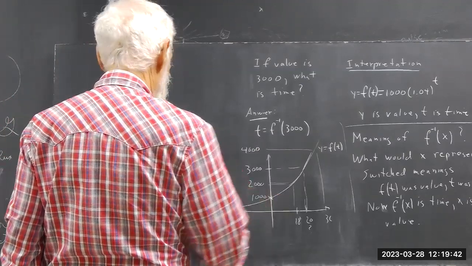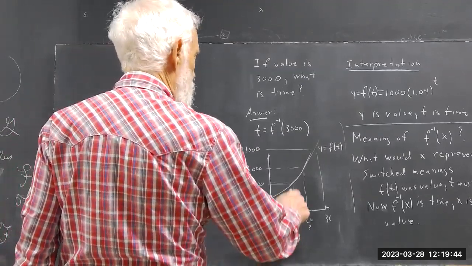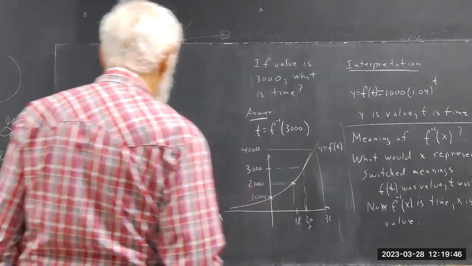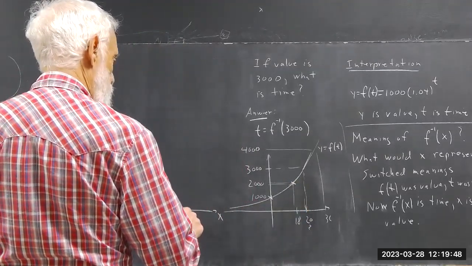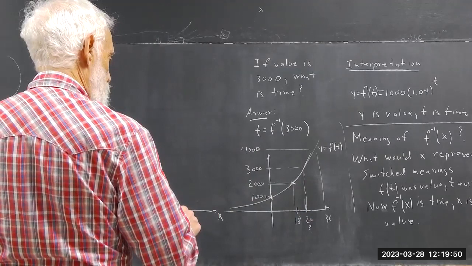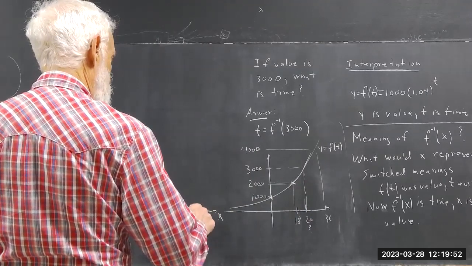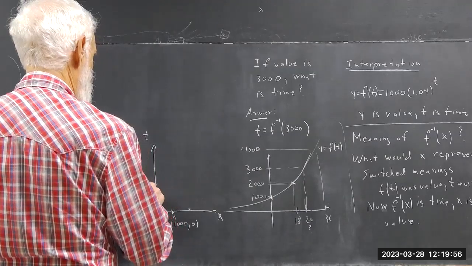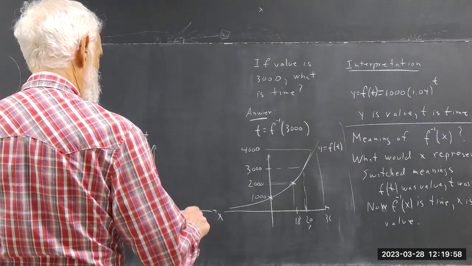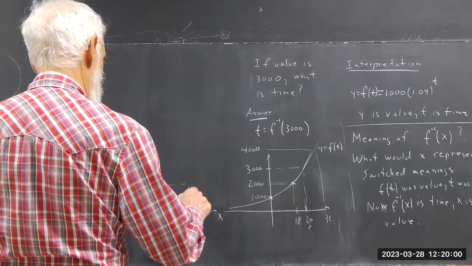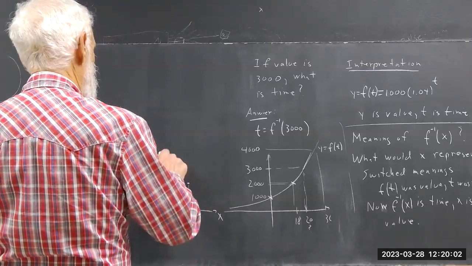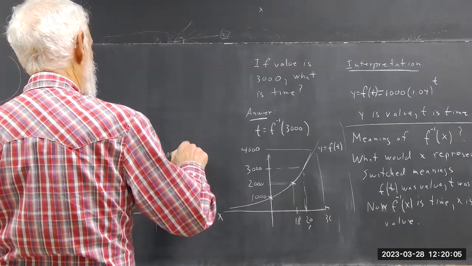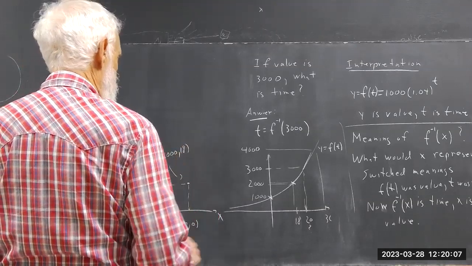This point becomes this point. The point 18, 2,000 becomes 2,000, 18.